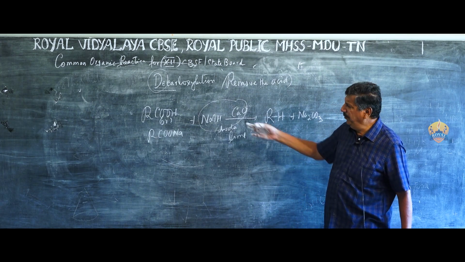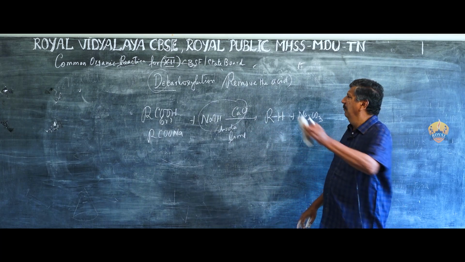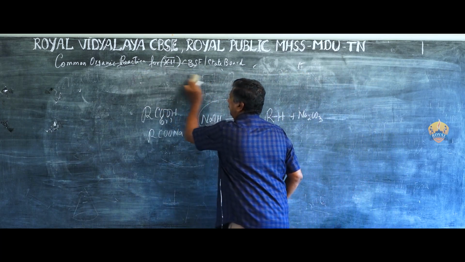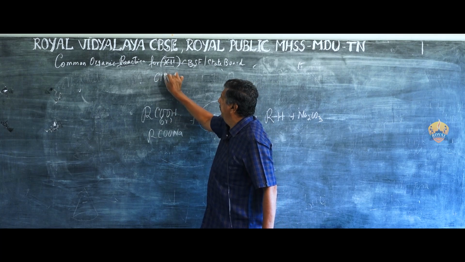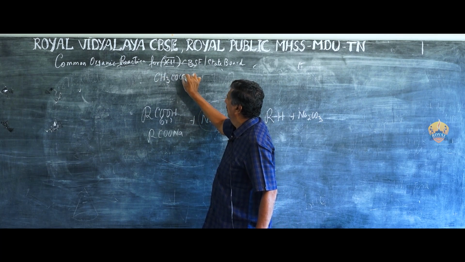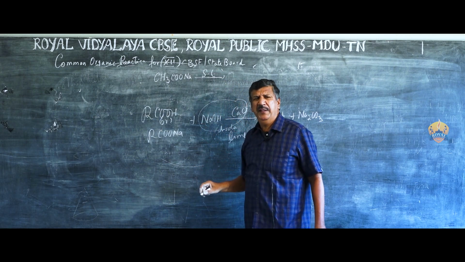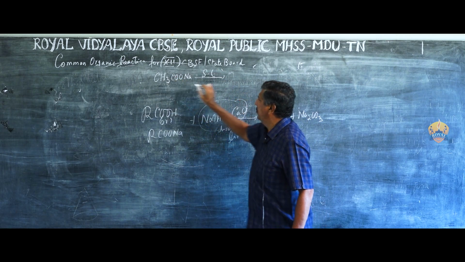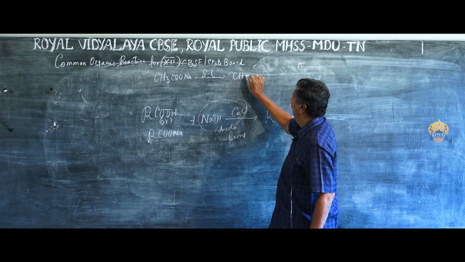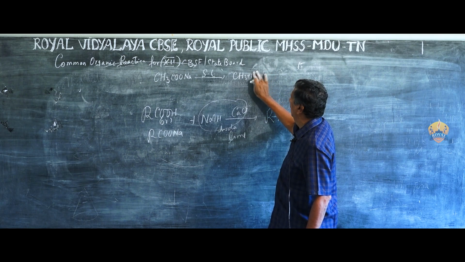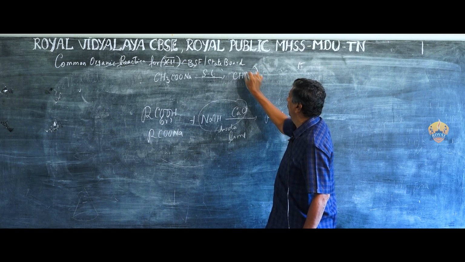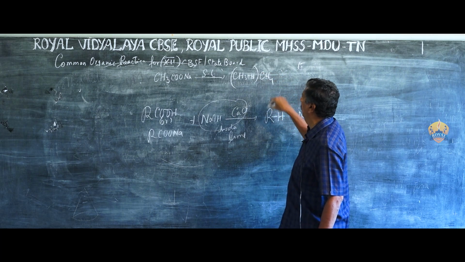Okay, I'll give some examples. When somebody asks you sodium acetate with soda lime, what will be the answer? You see CH3 with H, so the answer is CH4, that's all.